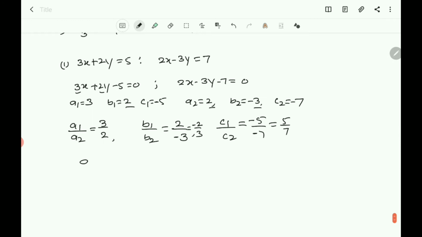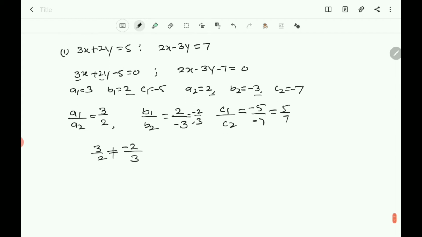Why? Because you know that 3 by 2 is not equal to minus 2 by 3. Therefore a1 by a2 is not equal to b1 by b2.